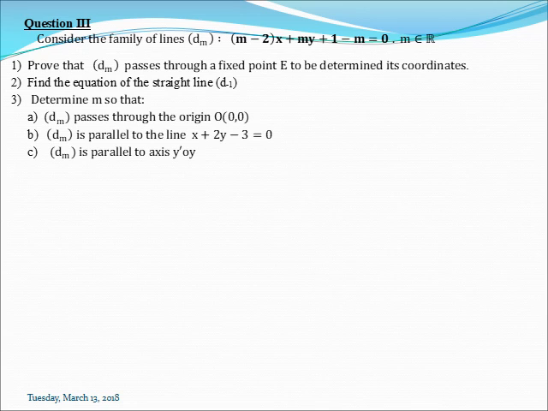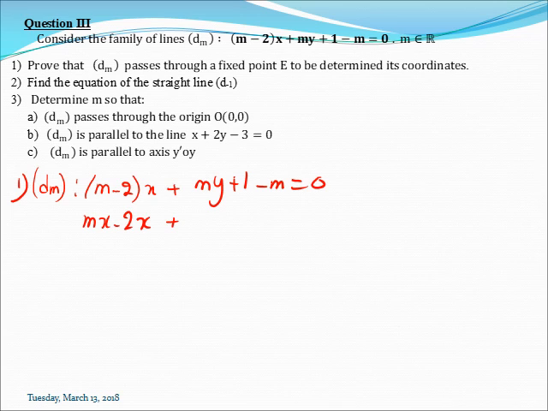Number 3. Consider the family of lines DM. Prove that DM passes through a fixed point E, and determine its coordinates. Number 1. DM: m minus 2 x my plus 1 minus m equals 0. So mx minus 2x plus my plus 1 minus m equals 0.